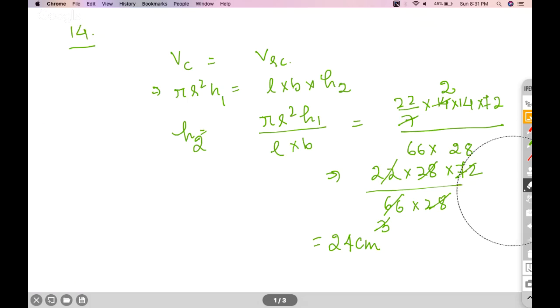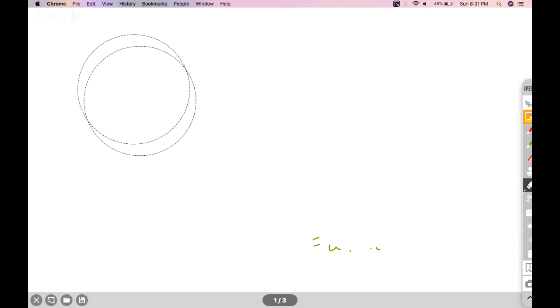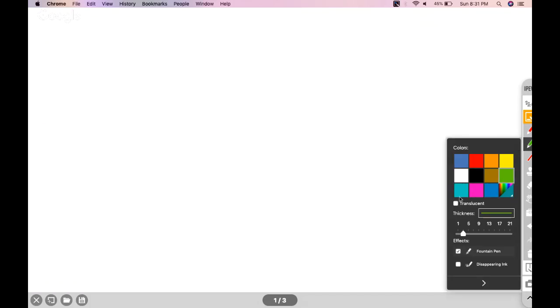Now let me go to question number 15. Question number 15 tells me that 1 centimeter cube of cast iron weighs 21 gram.